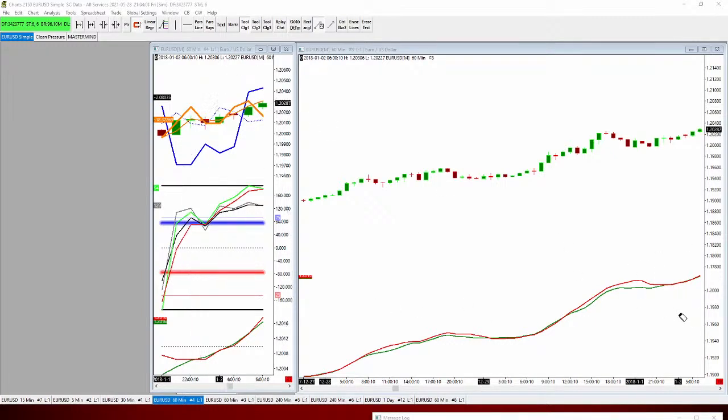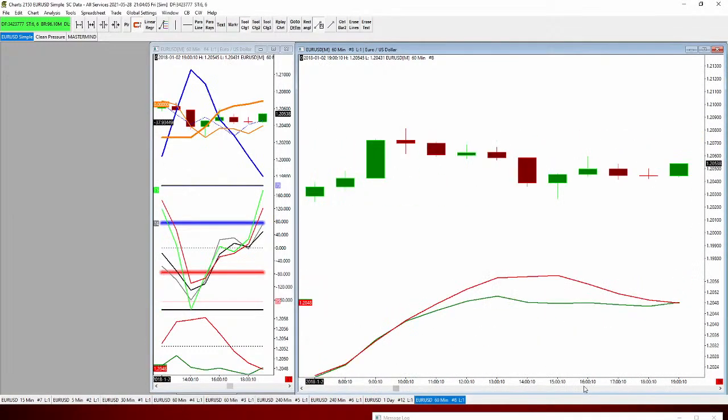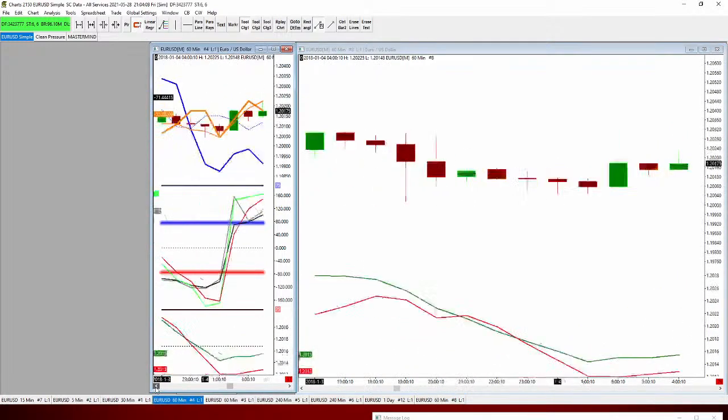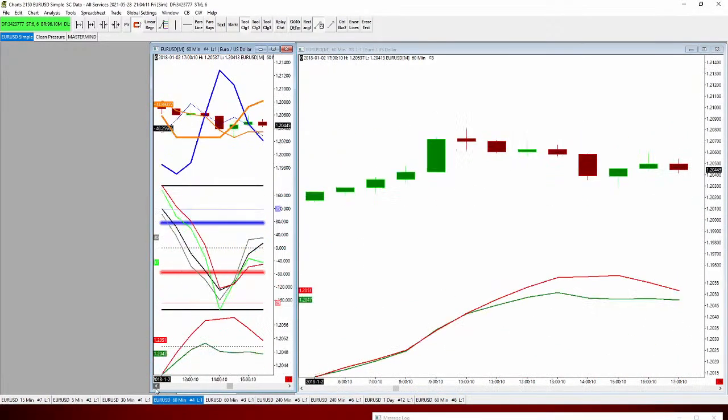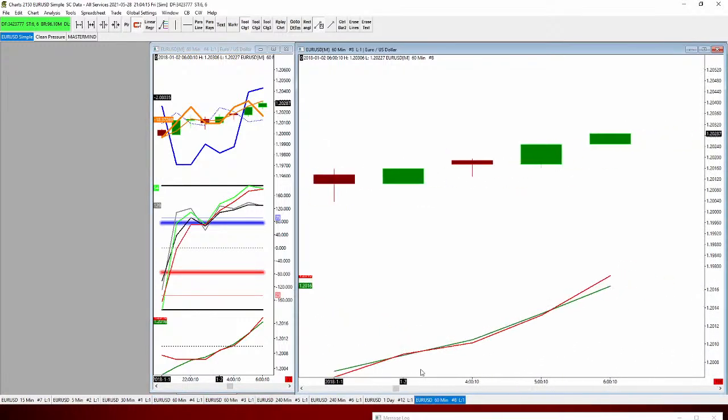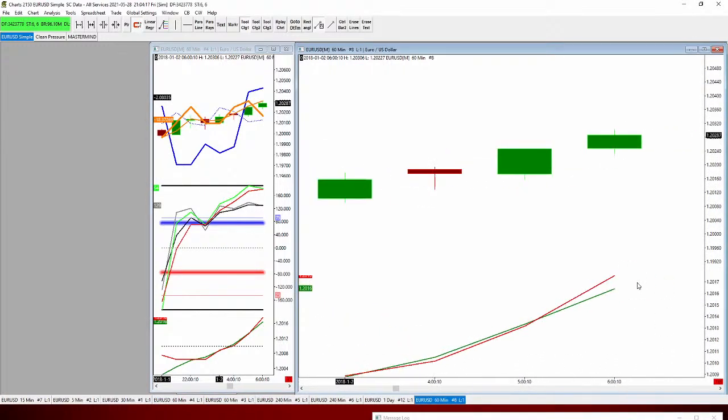The reason is that I'm going to stretch this out and make it really large so that we can very clearly see what the pressure lines are doing when they cross.